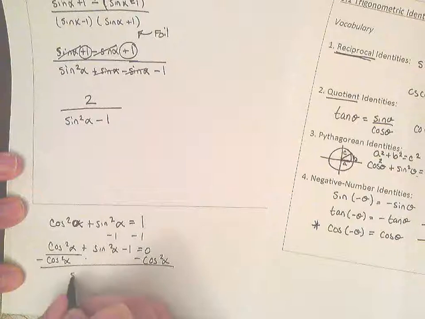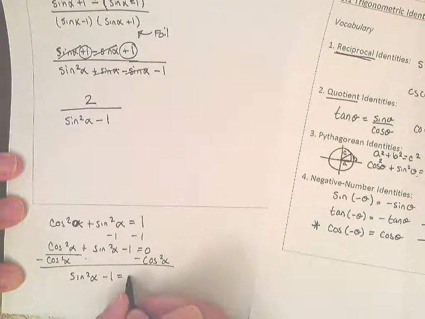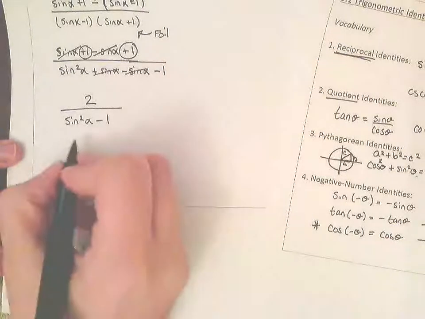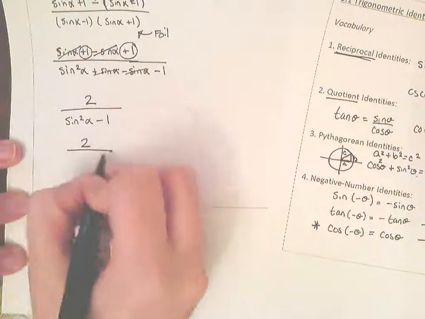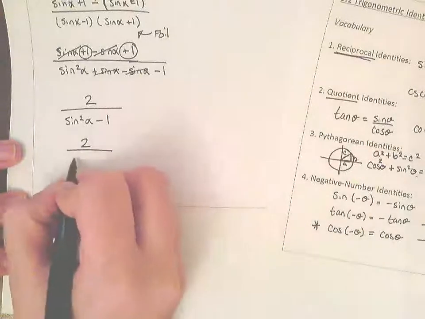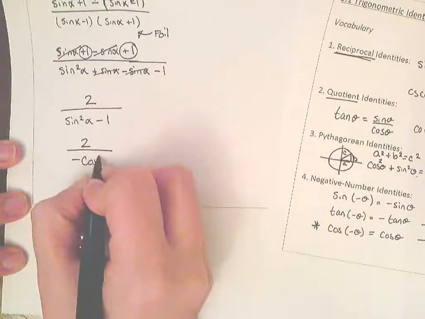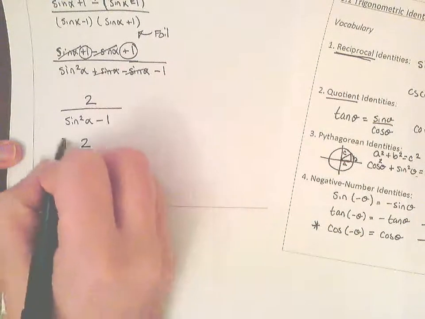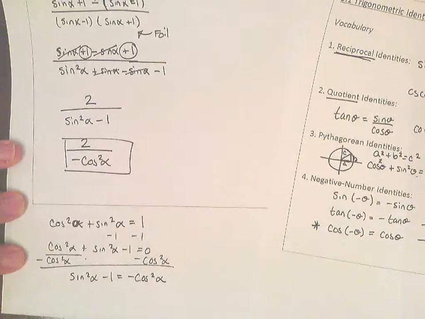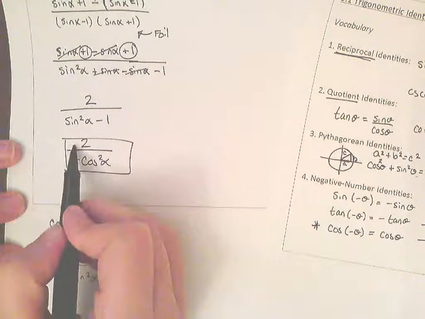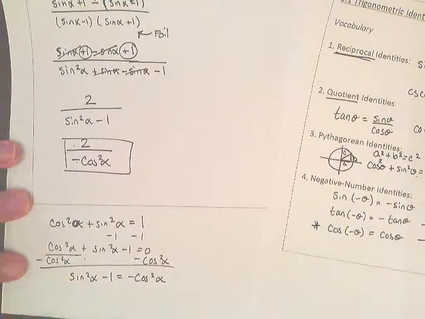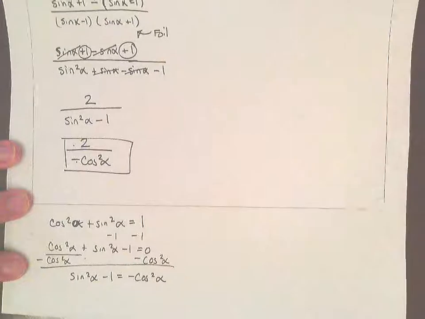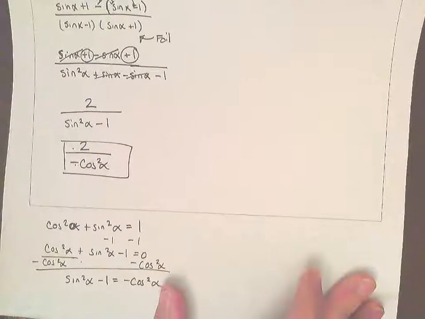And what I end up with is sine squared of alpha minus 1 is actually equal to negative cosine squared of alpha. So my final answer for this identity is 2 over negative cosine squared of alpha. And that's it. And it doesn't matter if you put the negative here or here. Alright, next problem.